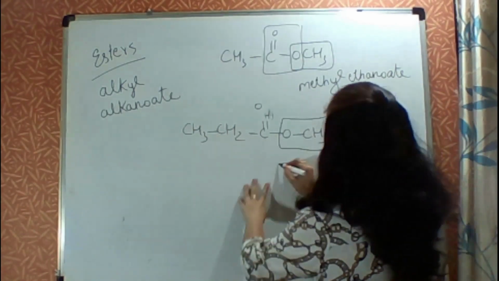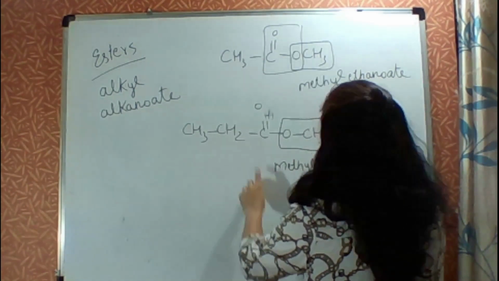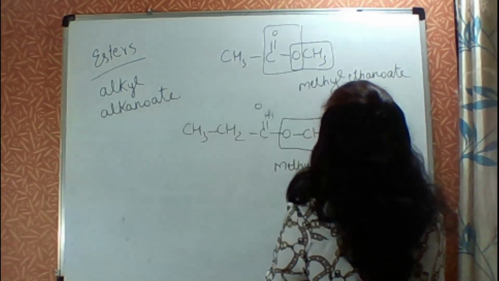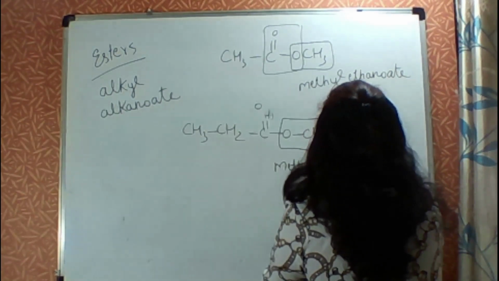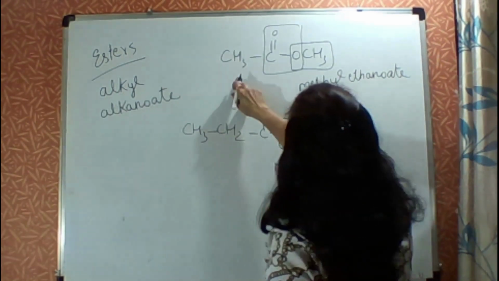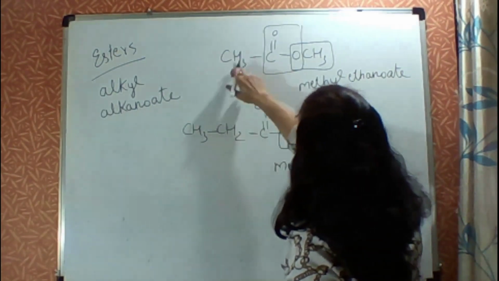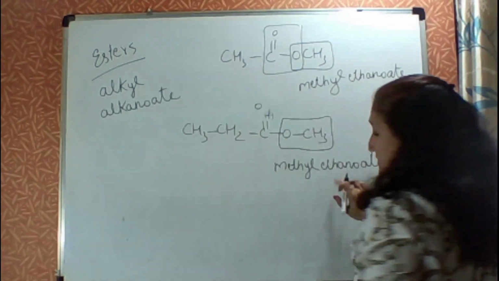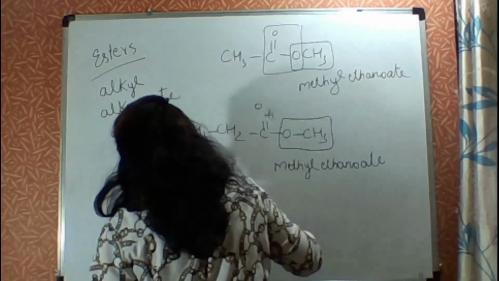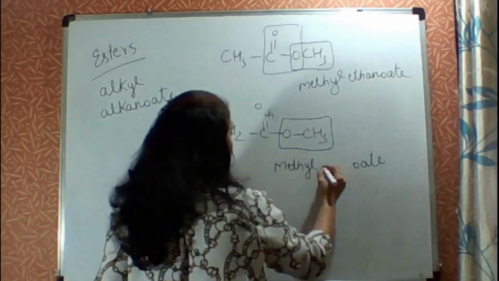So the name of this compound will become methyl ethanoate. Sorry, here also we have 1, 2, 3 carbons. The name of this will become methyl propanoate.